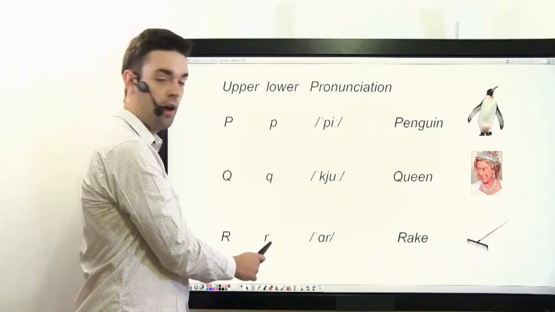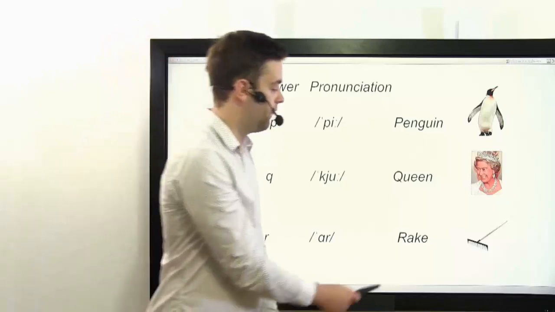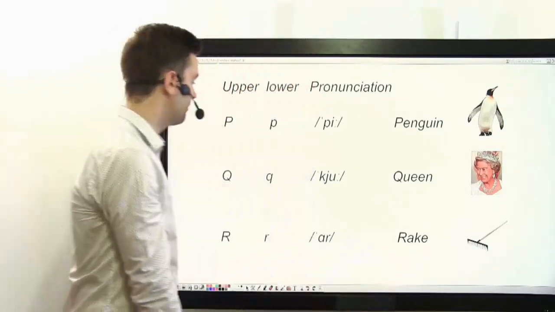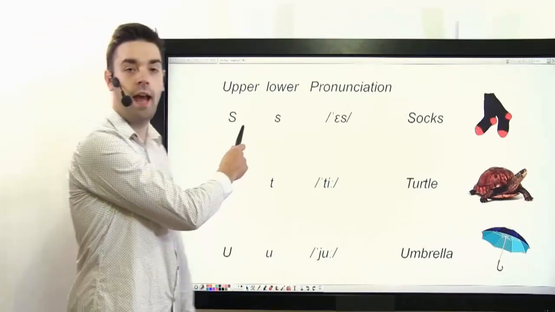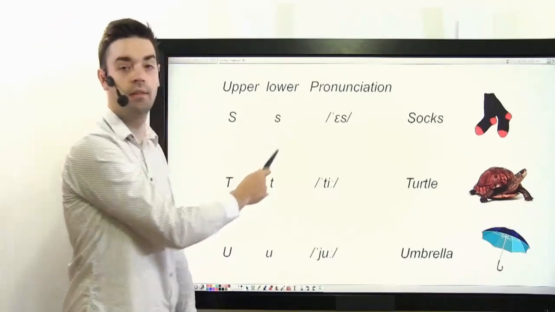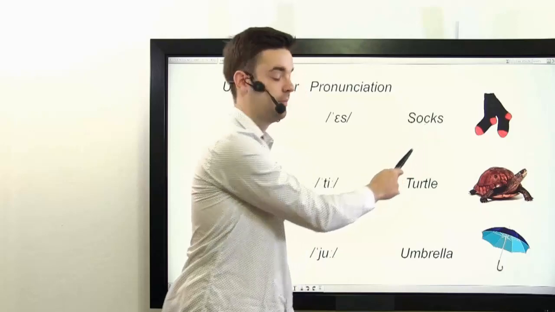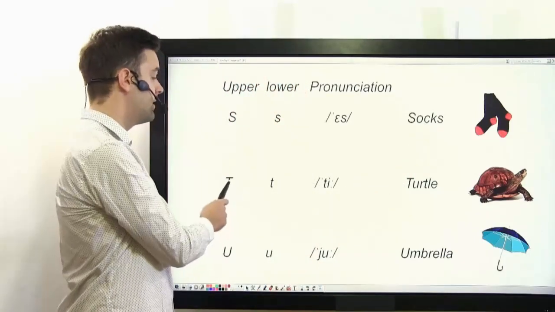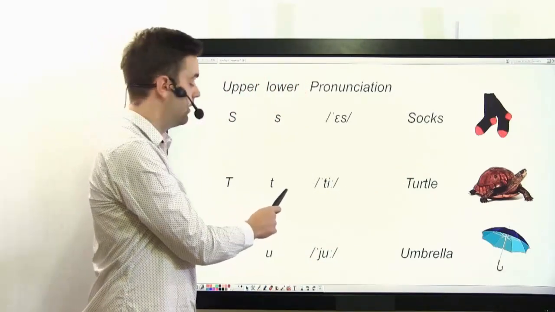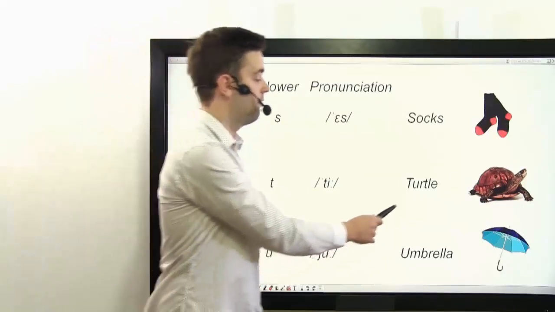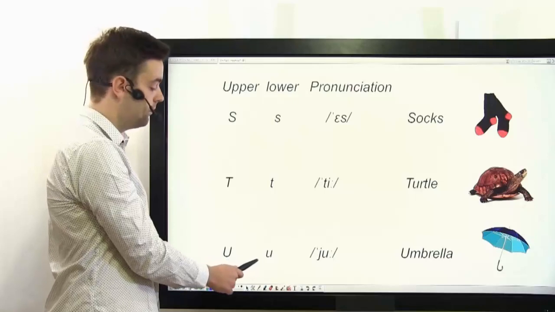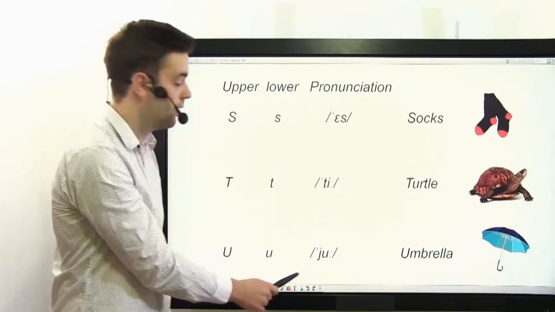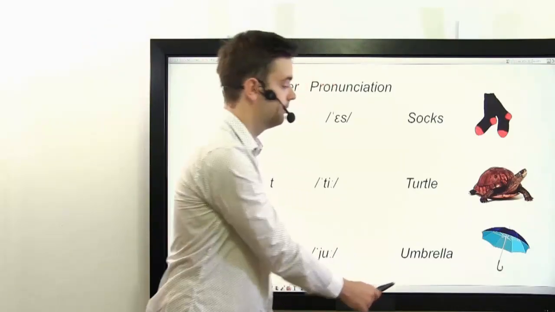R for rake. S for socks. T for turtle. U for umbrella.